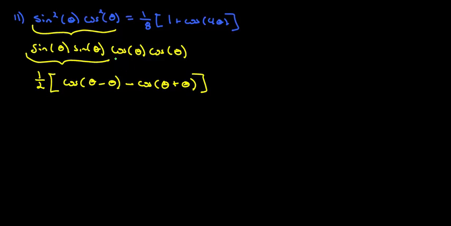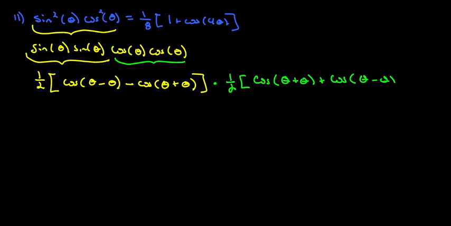Now the second guy is going to be, so we're multiplying still, 1/2 times the cosine of the first plus the second, plus the cosine of the first minus the second. So what have we got here?